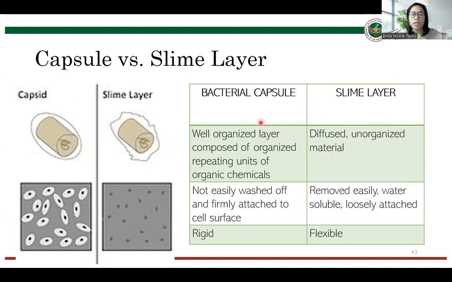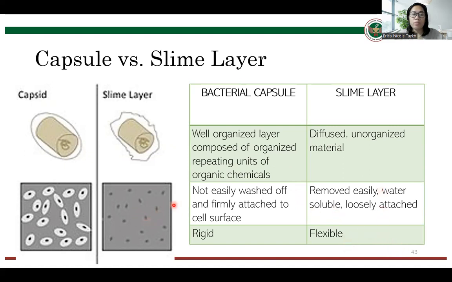Because of the rigid characteristic of your capsule, it is not usually easily washed off, and it is firmly attached to the cell surface. On the other hand, the slime layer is usually easily removed with water because it is loosely attached to the surface of the cell.